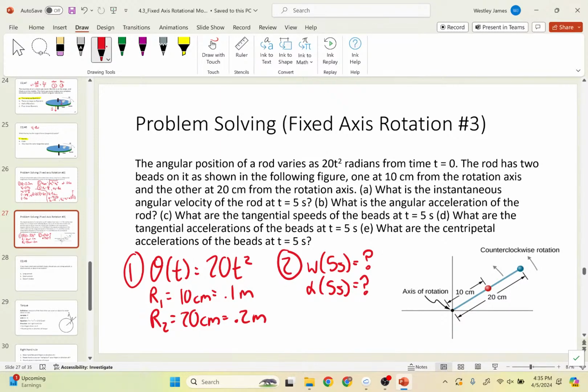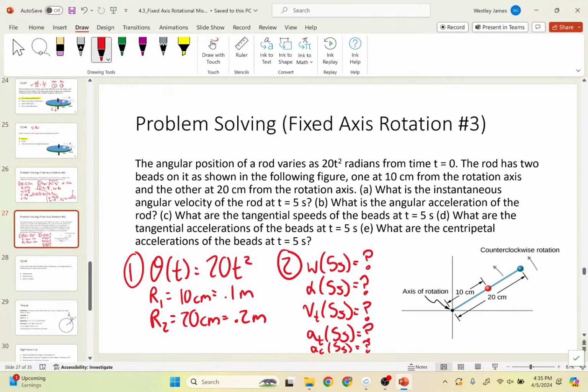We are finding the tangential speed, that's tangential velocity, at 5 seconds. Tangential acceleration at 5 seconds. And one more thing, but I ran out of room: centripetal acceleration at 5 seconds equals question mark.